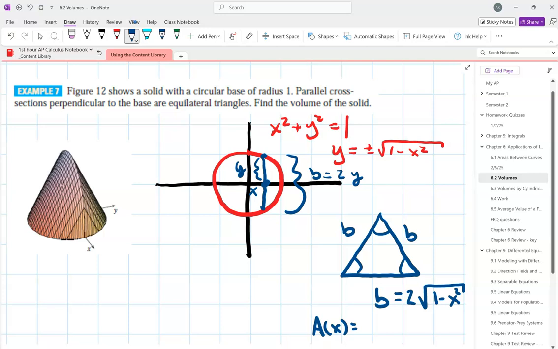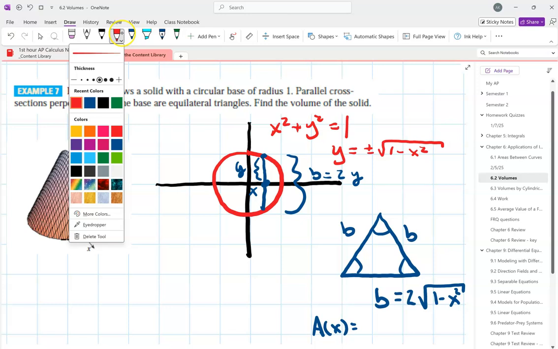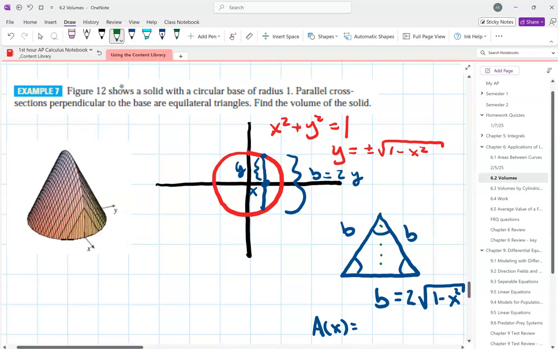Is that okay? Now, to get the area for this triangle, my typical area formula I'd use is 1/2 base times height, right? So I'm going to have to figure out the height of that triangle.